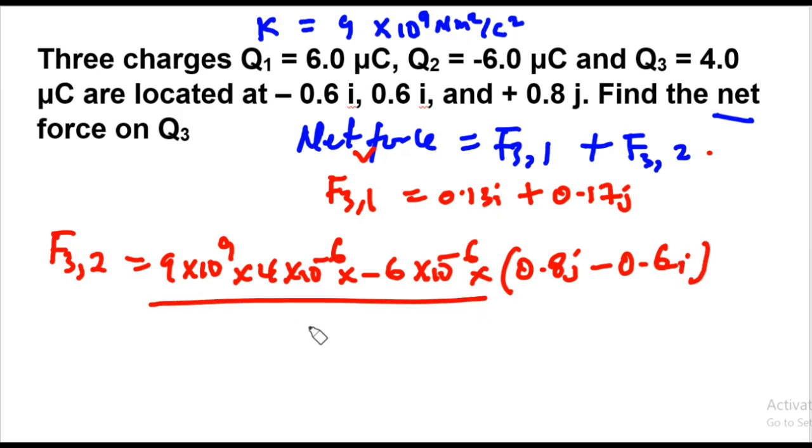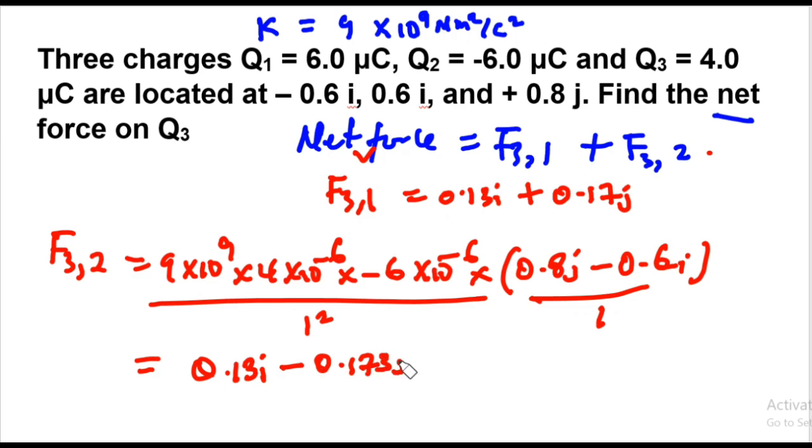The magnitude here will be 1 squared, which is 1. Once we do this, we have 0.13i minus 0.173j. You can pause this and go back to how we found F31 and see if you can get the same thing. So this is the force on the charge Q3 due to charge Q2.